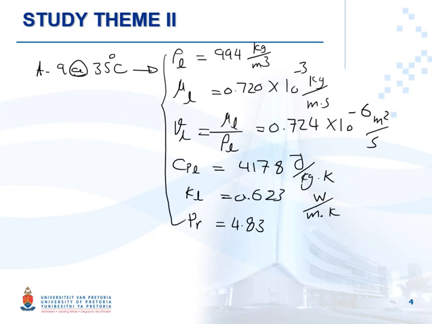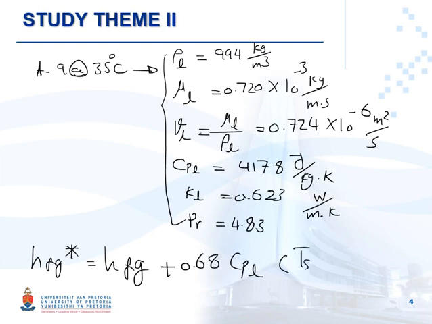If you remember, for normal condensation questions, immediately we would calculate the h_fg star because we needed to find the condensation heat transfer coefficient. So h_fg star is equal to h_fg plus 0.68 c_pl (T_sat minus T_s).